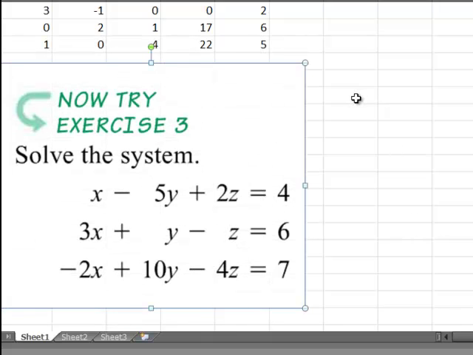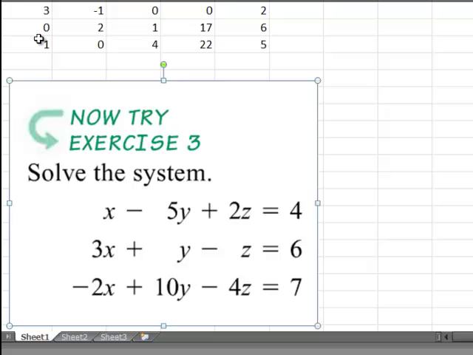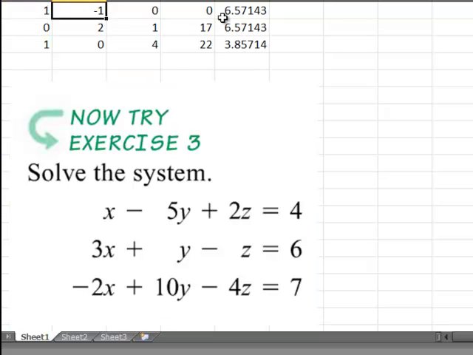All right, for this one, let's see what happens when you try to solve this. 1, negative 5, 2, 4, 3, 1, negative 1, 6, negative 2, 10, negative 4, 7.